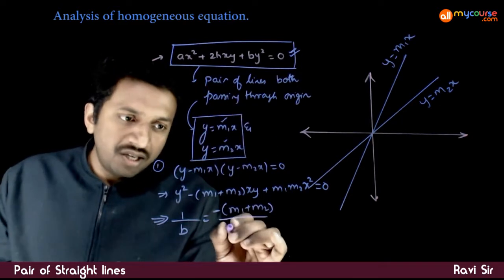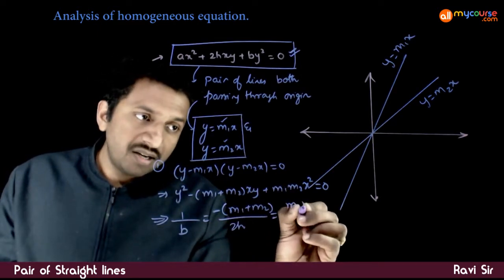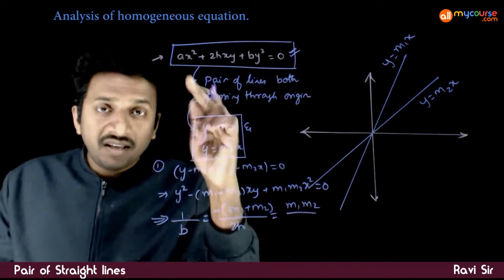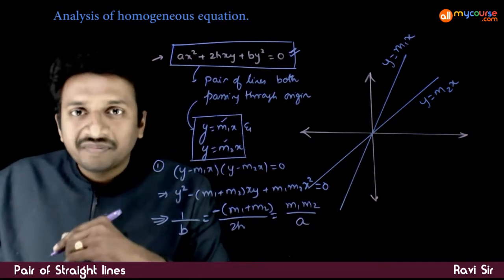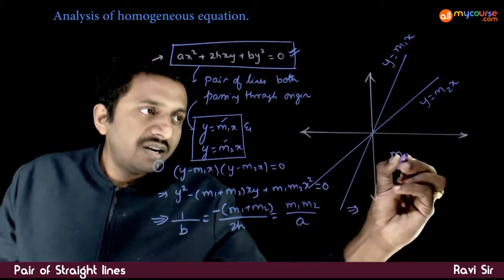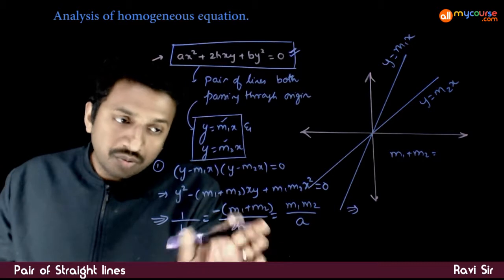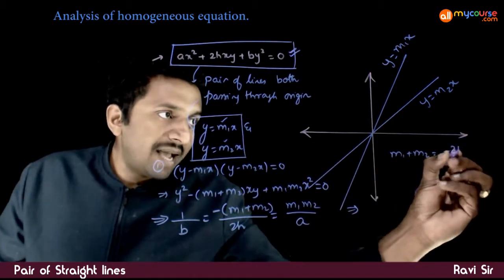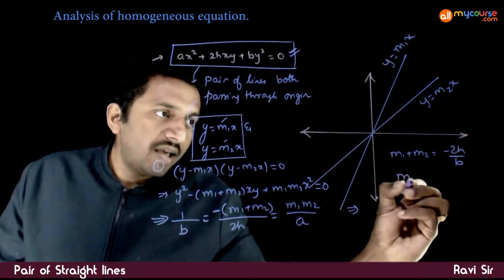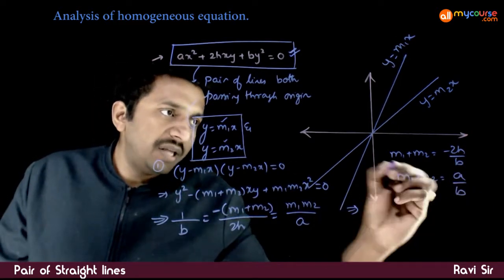What is the xy coefficient here? 2h, is equal to what is the x square coefficient here? m1 m2 divided by a. So this has to be valid. This implies m1 plus m2 is equal to, equate these two, m1 plus m2 is equal to minus 2h by b and m1 m2 is equal to a by b.